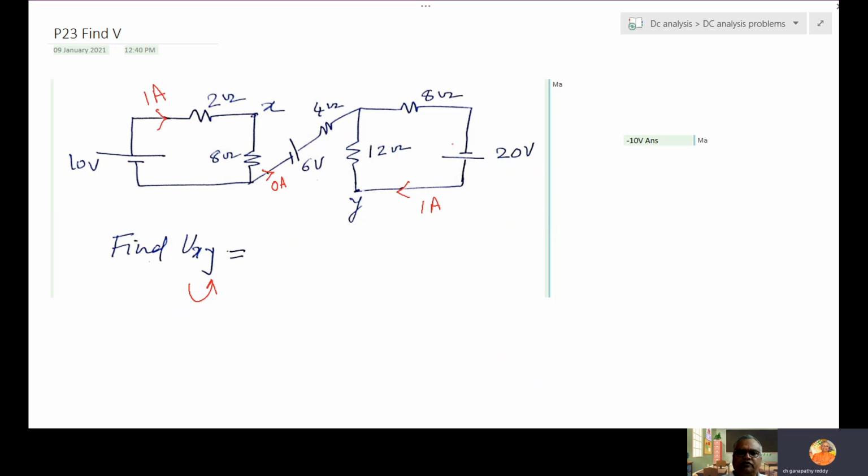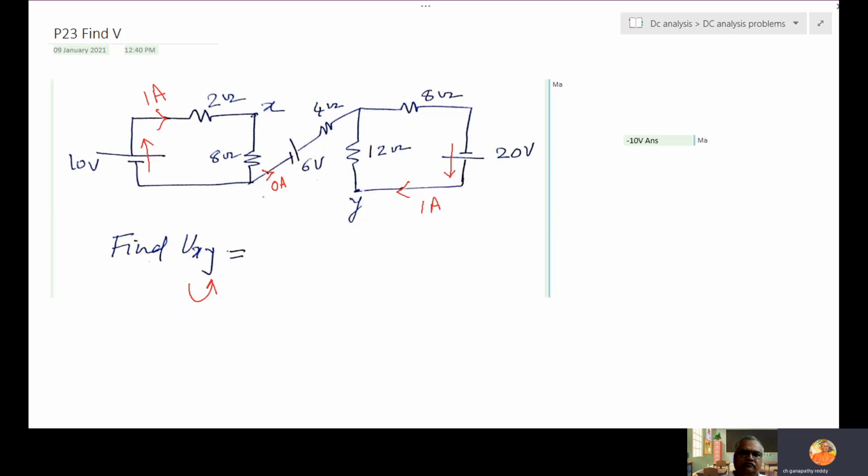Current always flows from negative to positive in the source. Here also, negative to positive in the source. And this loop is independent. This 1 ampere is decided by this loop. This 1 ampere is decided by this loop. Physically connected, but they are operating independently. And in this branch the current is 0.